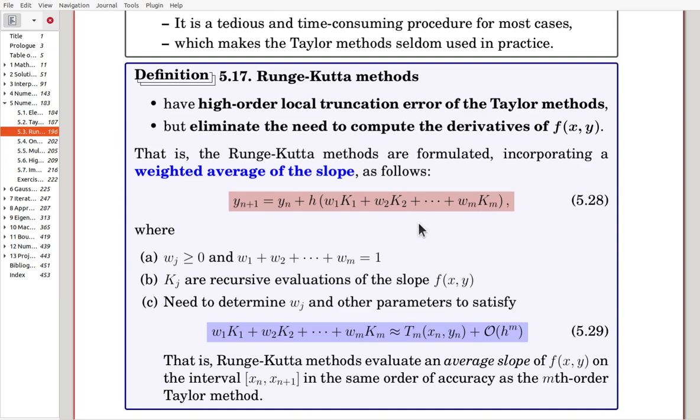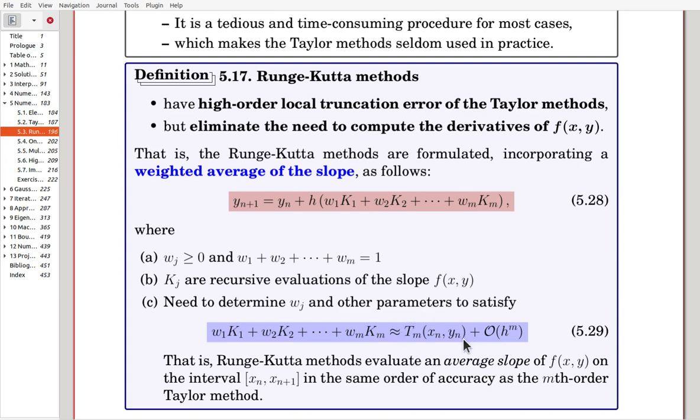Now, one requirement is that the high-order local truncation error must be at the level of that of Taylor methods. So here we'll try to get the w's and evaluation points such that this combination matches T sub m, the only difference being order h to the m.